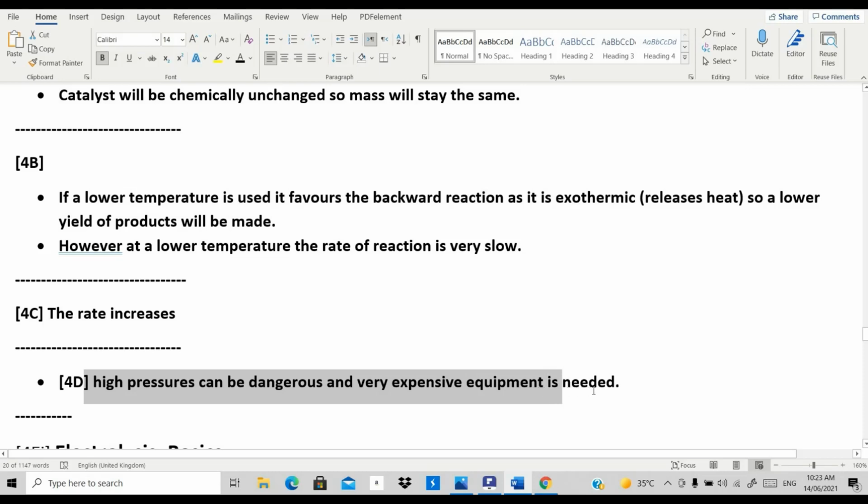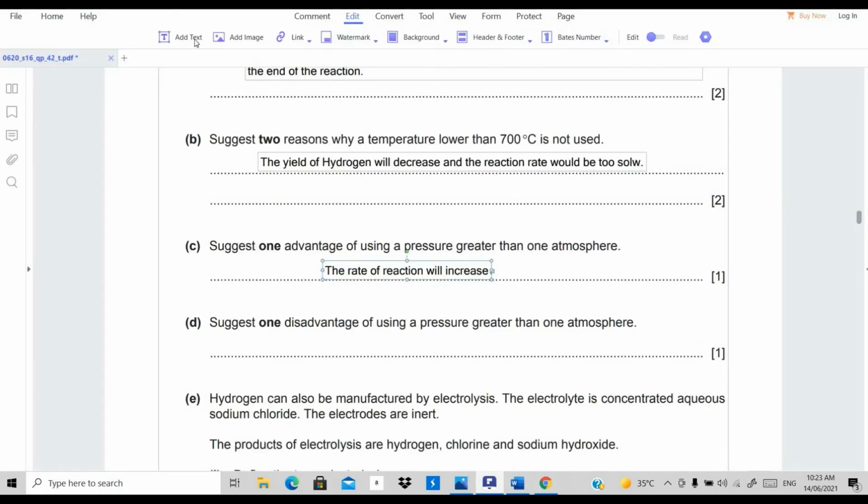Okay, so this is the simple answer you can write here. And this was the end of part D.